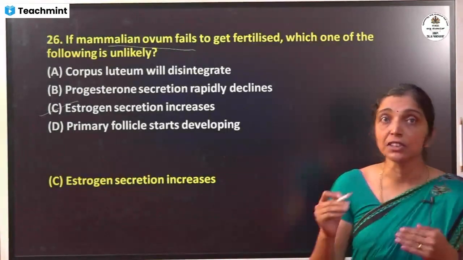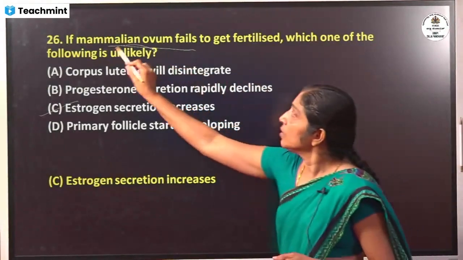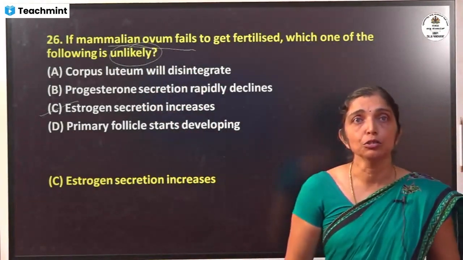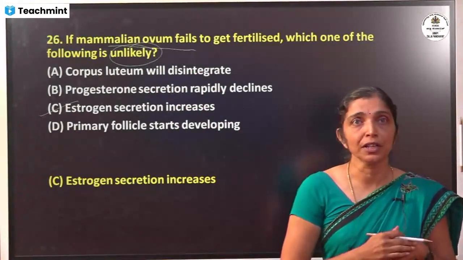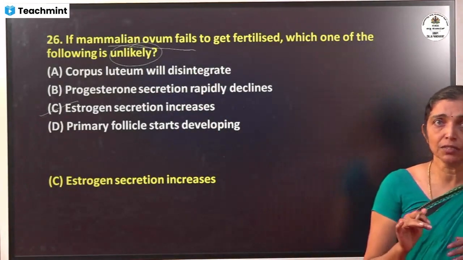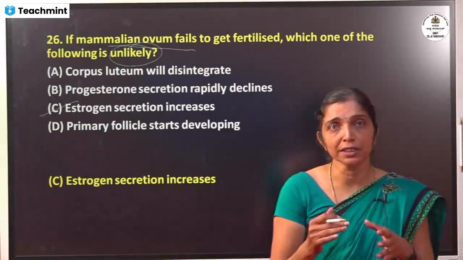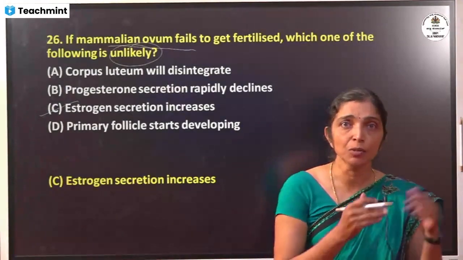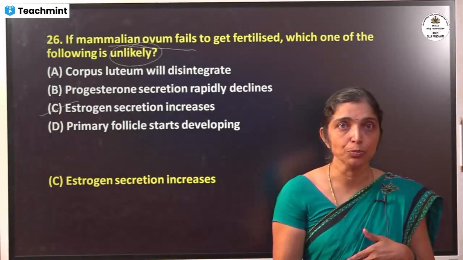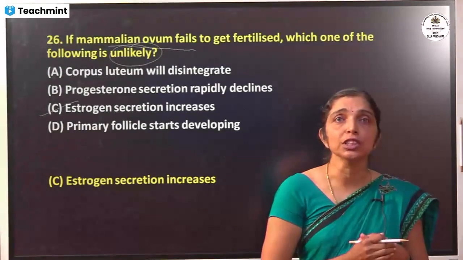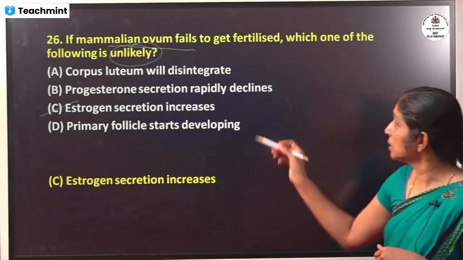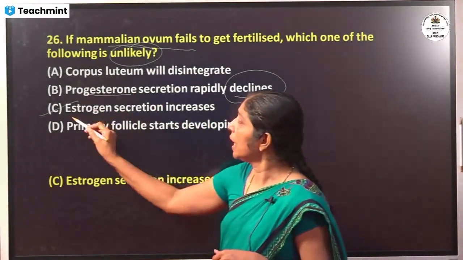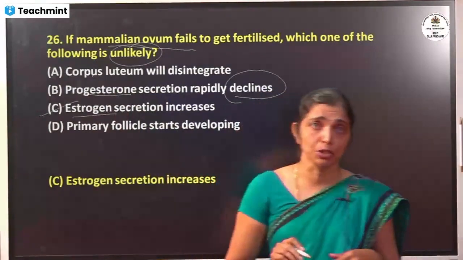So definitely, which is unlikely, that is, which is very rare to happen, which is not going to happen. Normally, corpus luteum will disintegrate. If there is no fertilization taking place, then the corpus luteum will gradually disintegrate and make way for the next menstrual cycle. Then the progesterone secretion rapidly declines, because progesterone and estrogen are secreted by the corpus luteum, isn't it?